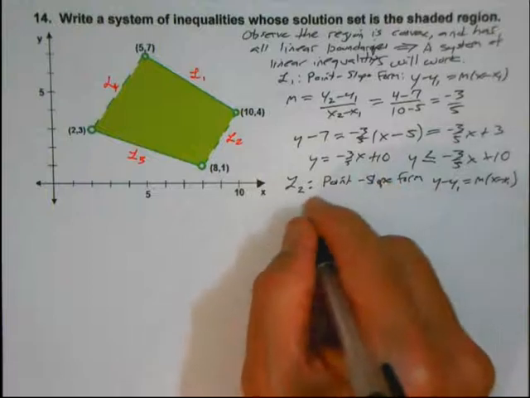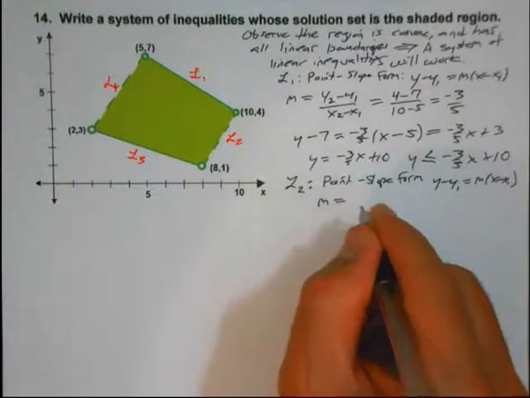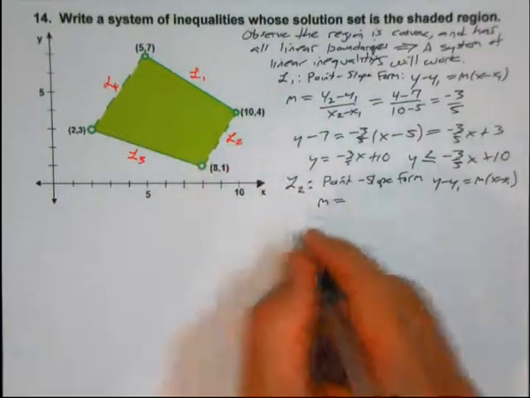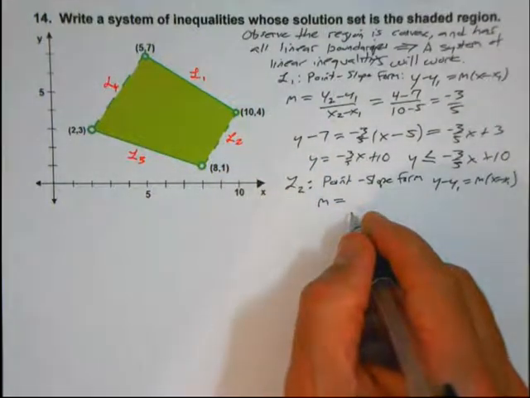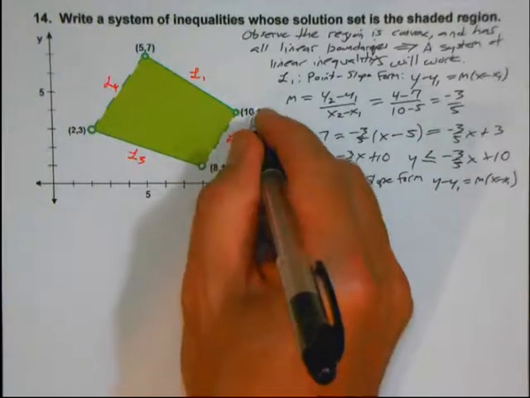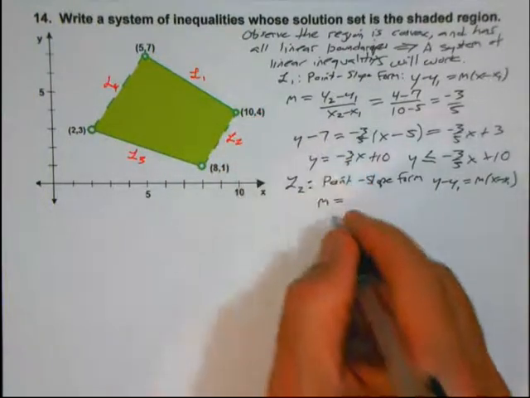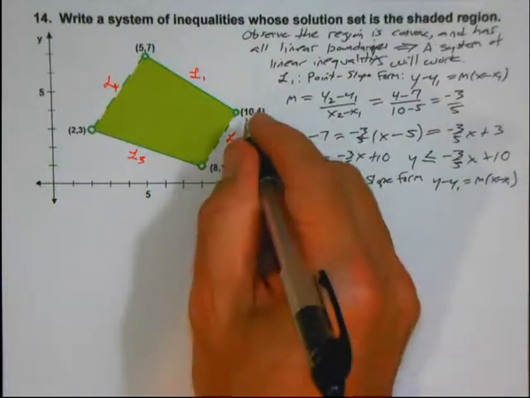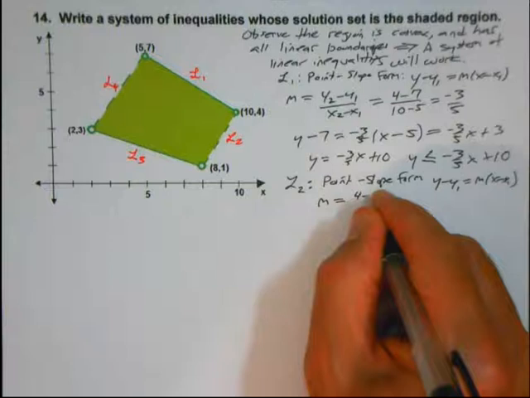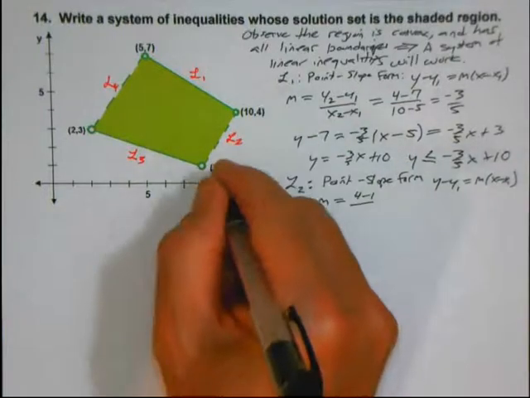Let's get that slope. M will equal, as before, y sub 2 minus y sub 1 over x sub 2 minus x sub 1. I always call the right-hand point the sub 2 point to make the denominator positive. Doesn't matter though. But here we go. 4 minus 1 over 10 minus 8.